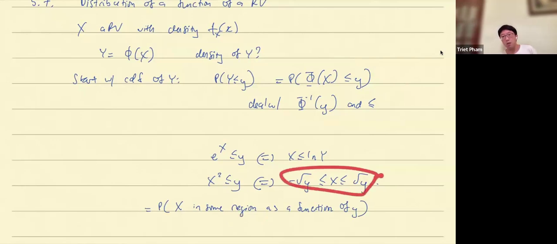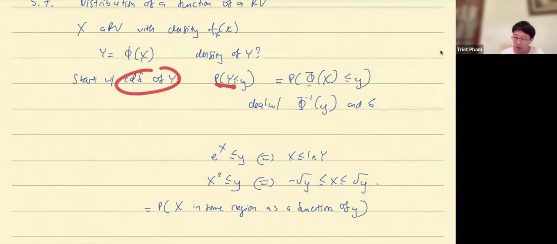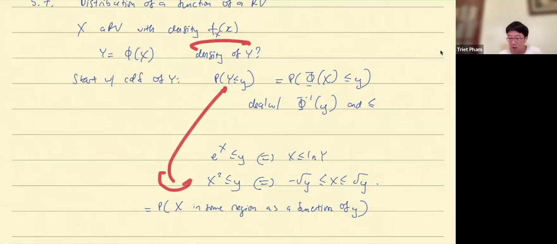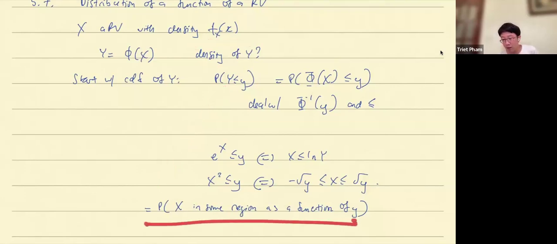Because of something like this: it's not less than or equal to, it's not greater than or equal to, it's a combination of both. So basically, the whole point is you start with the CDF of Y, you move to X in some region. But basically, you have turned Y into X because you have the density of X. So in principle, you can calculate this out as a function of y, and then you differentiate. And of course, that's the CDF.